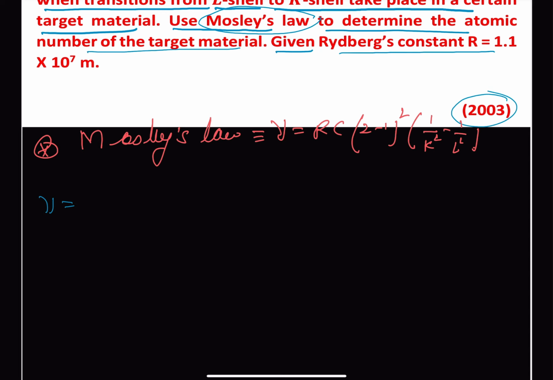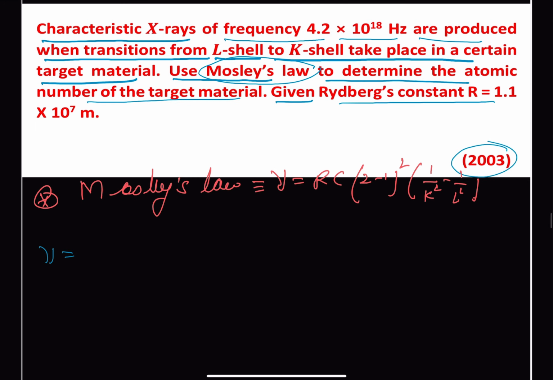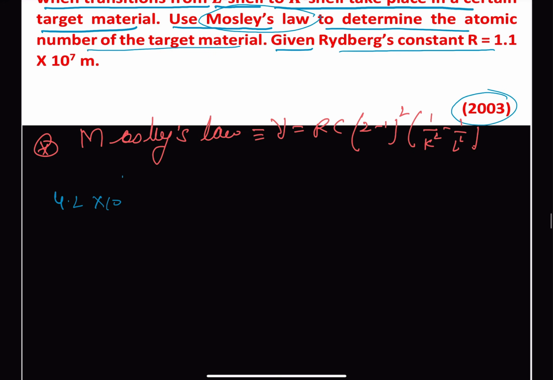The frequency is given to us as 4.2 into 10 to the power 18. The Rydberg constant is given as 1.1 into 10 to the power 7.